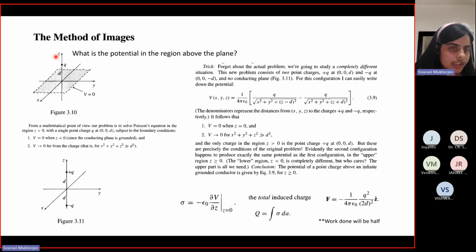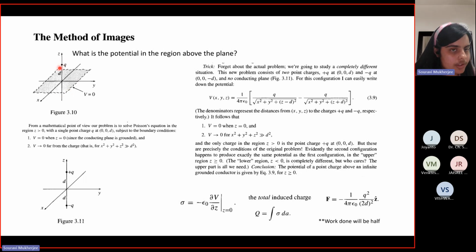Right? So if there was no such plane, we know we can just use our basic understanding of potential to find the potential. But now you have this conducting plane, right?